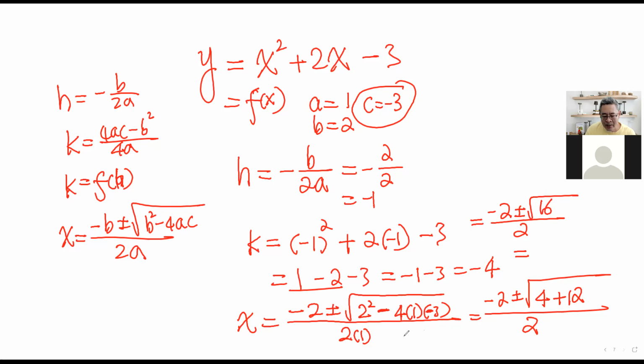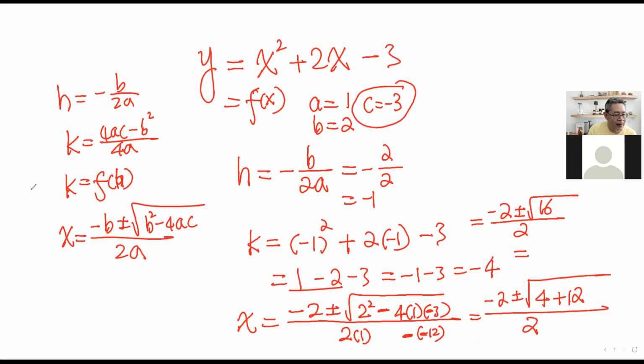Yes, that will be -12. 4 times 1 times -3 will be -12, right? Yes. Then we have a negative outside, so negative times negative is positive. Okay, yep, that makes sense.